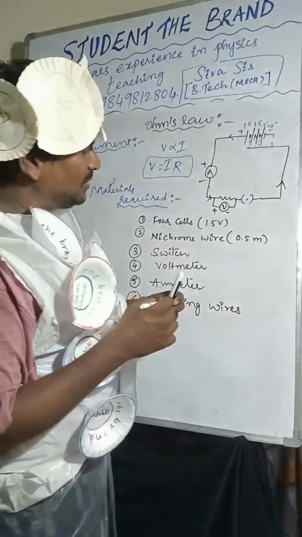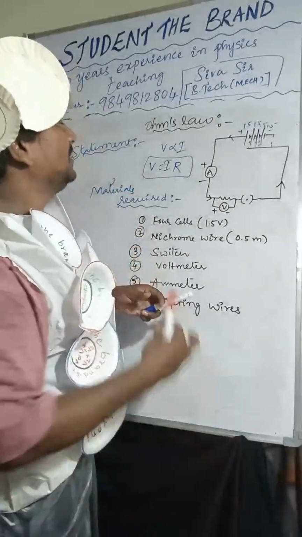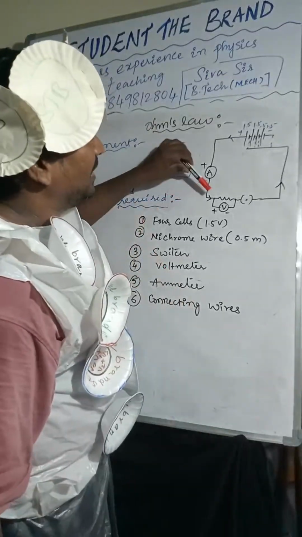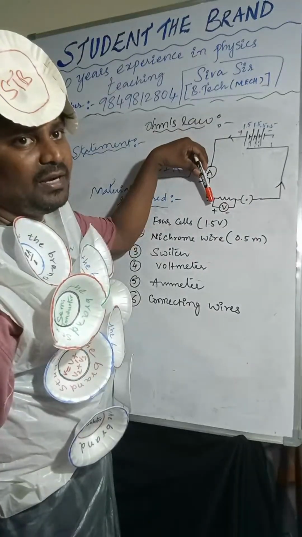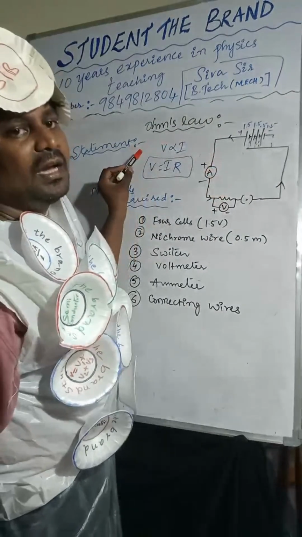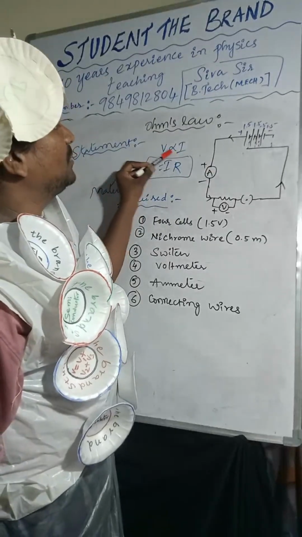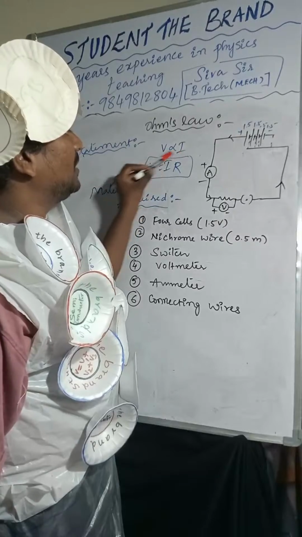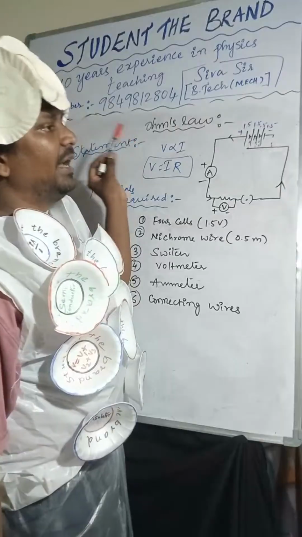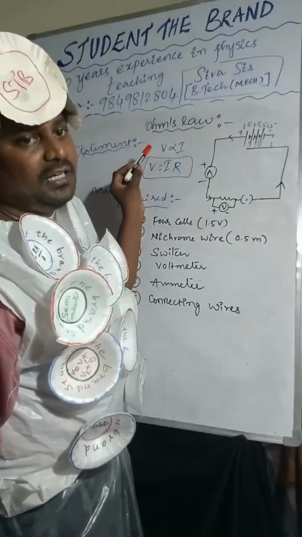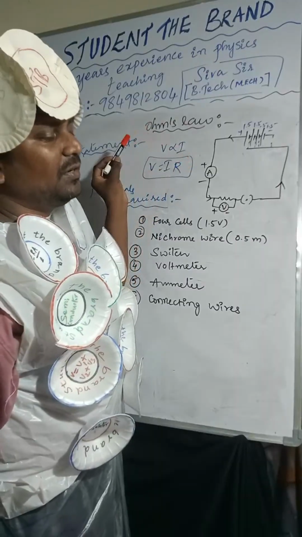Once again, the statement: at constant temperature, the potential difference across the ends of the given metallic conductor is directly proportional to the current flowing through it.